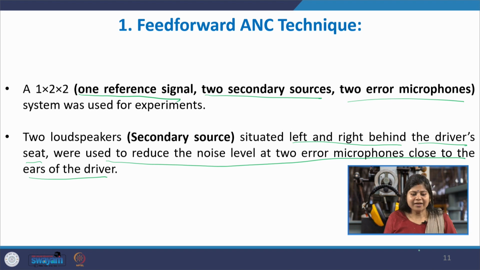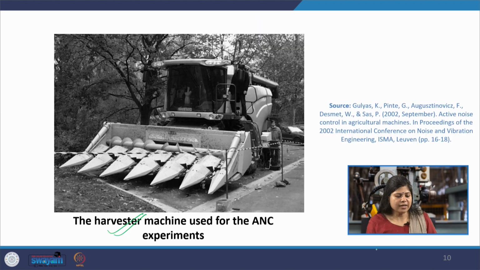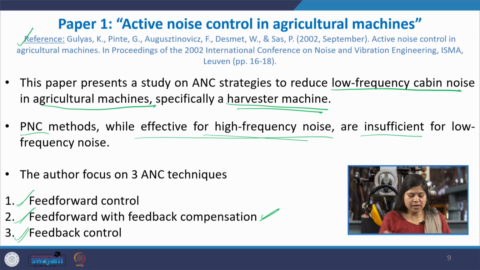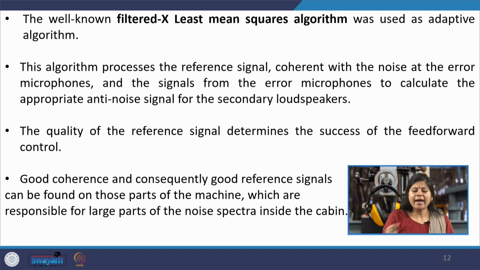The advancement they have made is that instead of a single error microphone, they use 2 error microphones to make the system as accurate as possible. The Filtered-X LMS algorithm was used to create the anti-noise signals and adapt in real time to the changing sound signals.